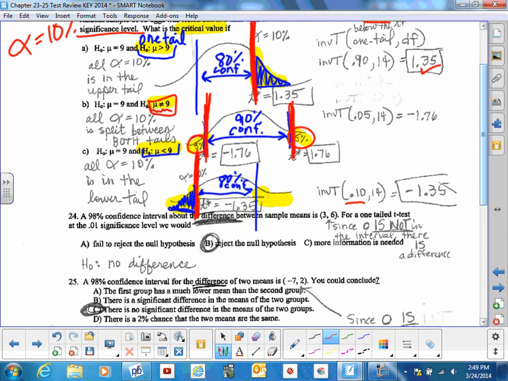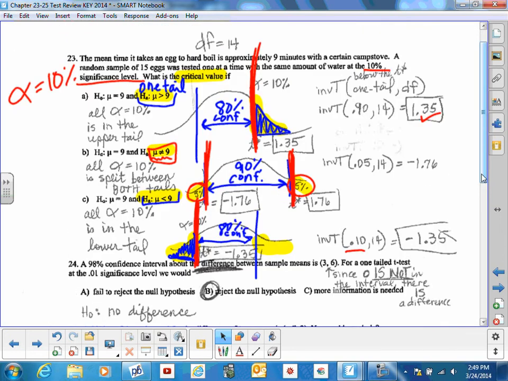Okay? Now, this question was not asked, but it's an extension. How confident are you going to be for part A and part C? They're the same, and that would be what's in the middle. If this were a confidence question about what level of confidence you have, part A and part C have 80% confidence because they put 10% in this 1 tail.